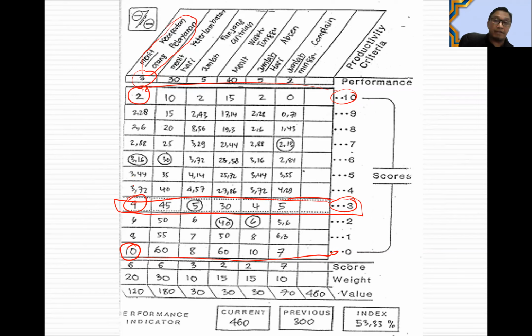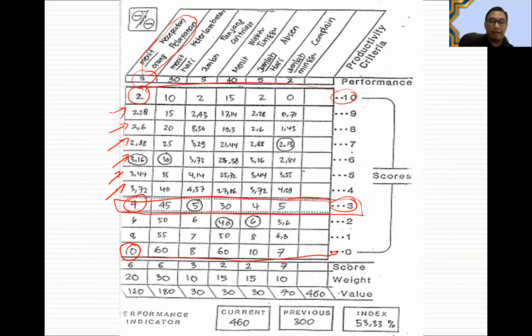Maybe divided by 7. Then you distribute the result evenly to each row, as well as from the best performance, from score 3 to score 0.